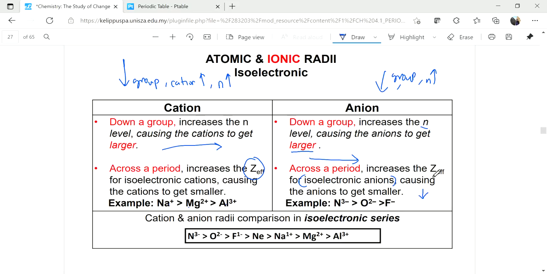So the trend across period for both cation and anion is similar. When we cross the period, all the isoelectronic cation and all the isoelectronic anion will become smaller because of increase in the effective nuclear charge.